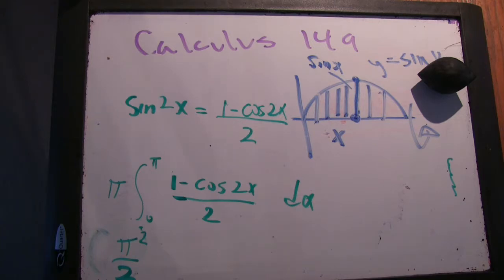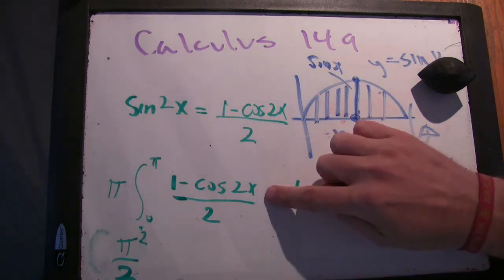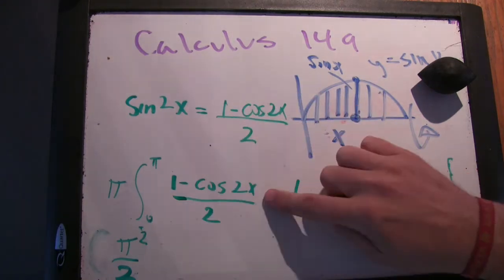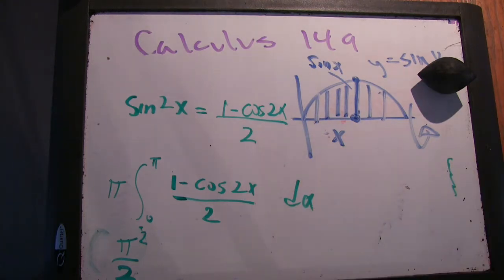Sure, but let's think about it in terms of area. Cosine 2x is like cosine x, but just smushed. Actually, it's the other way.